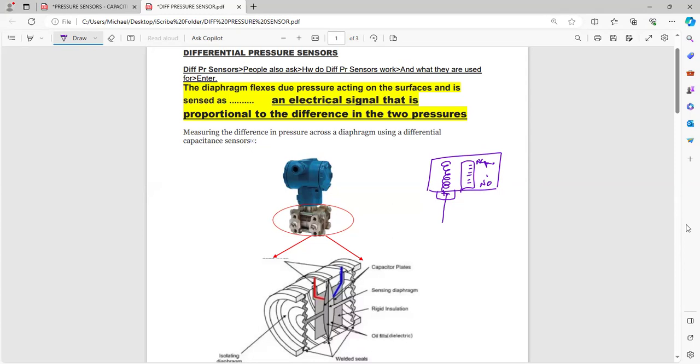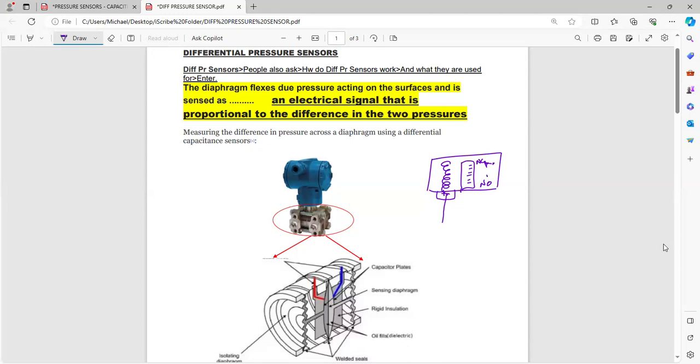But where do we use this capacitive type sensor? On board, the capacitive type of pressure sensor is hardly used. If at all it is used, it is going to give you a pressure reading at a remote position, and sometimes that is done. In fact, nowadays you're not going to do that.